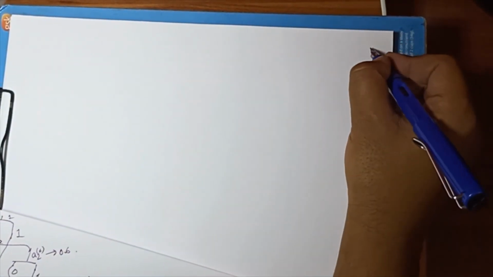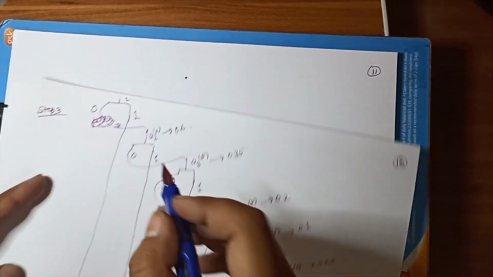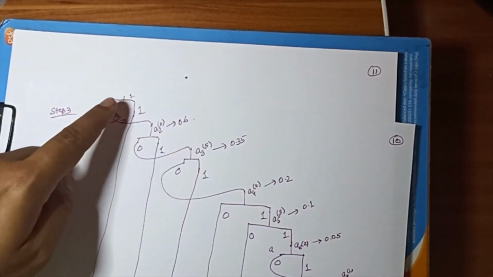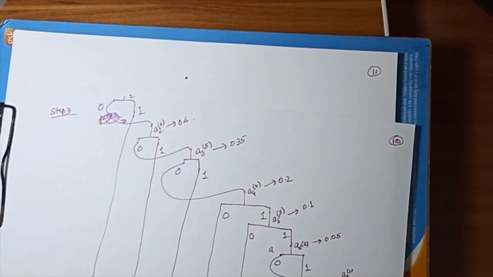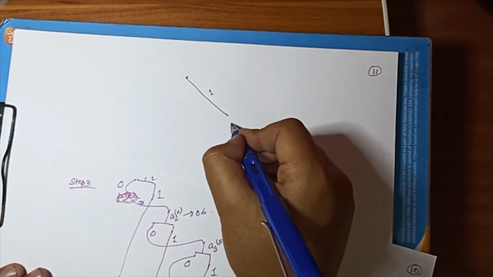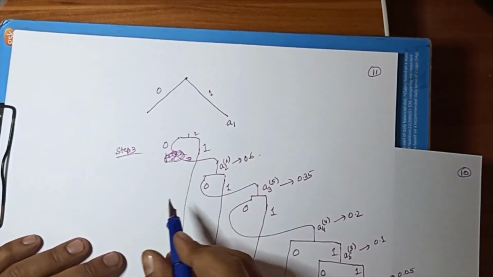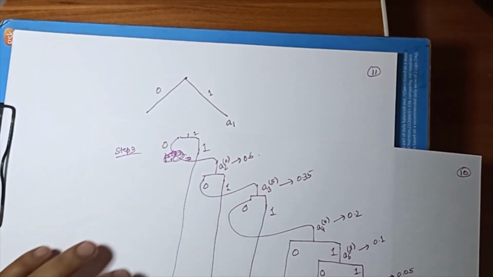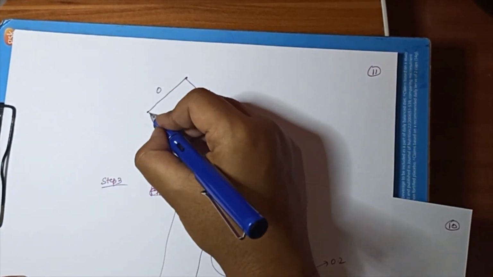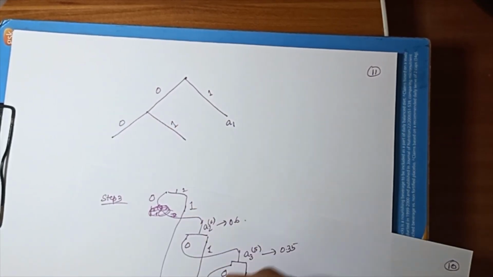So from that root, one side it is 0, another side it is 1. 1 is A1. The other side it is 0, and from 0 you have 2 more. So one side is 1, another side is 0. So 1 it reaches to A2.